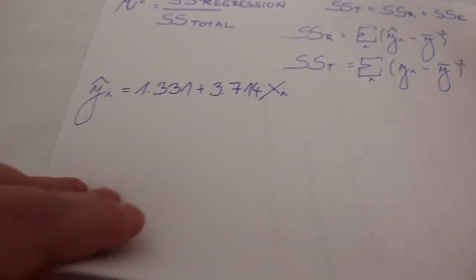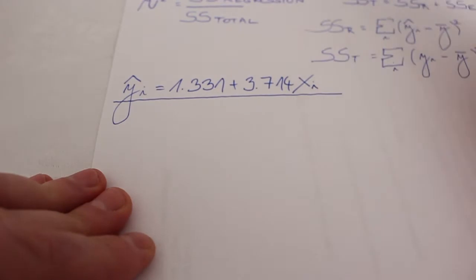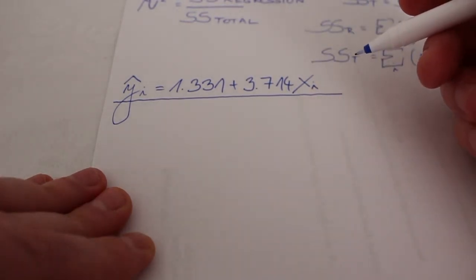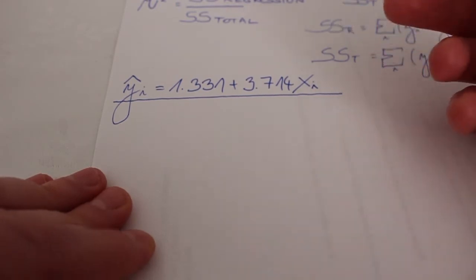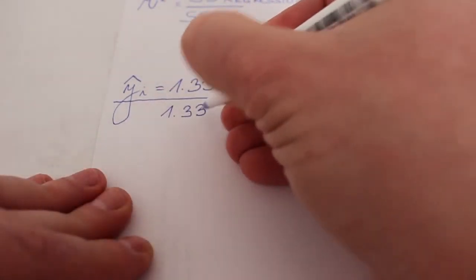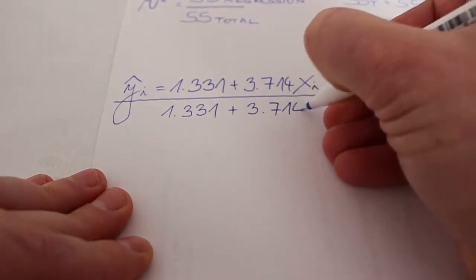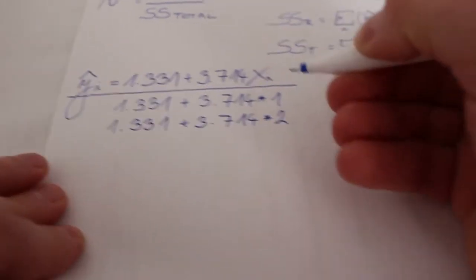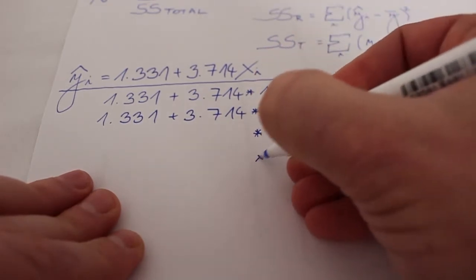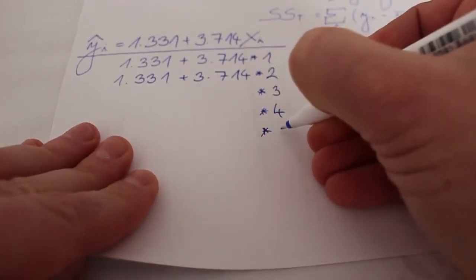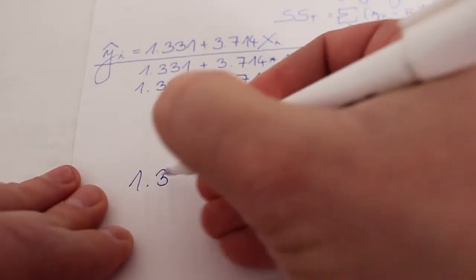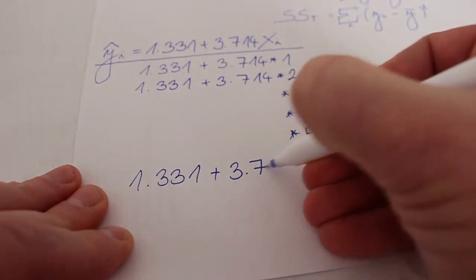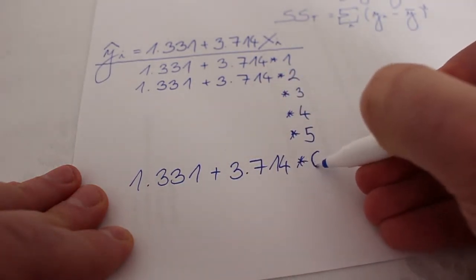I must calculate these expectations for all 6 values: 1.331 plus 3.714 times 1, 1.331 plus 3.714 times 2, times 3, times 4, times 5, and 1.331 plus 3.714 times 6.